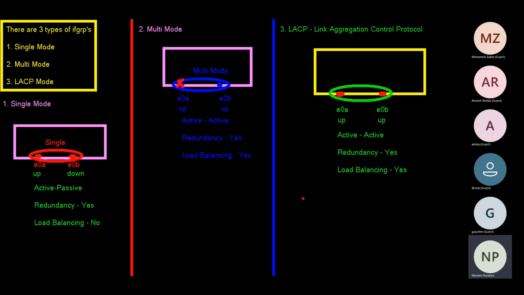So that is the difference between LACP and multi-mode. Multi-mode is not intelligent. We need to do some manual work in case of port failure to divert the traffic. But LACP can do it on its own, identifying the port failure or port down status, and it will divert the traffic through the active port.